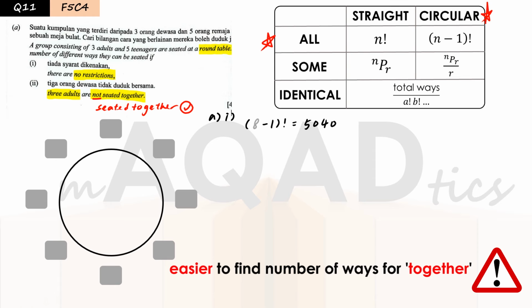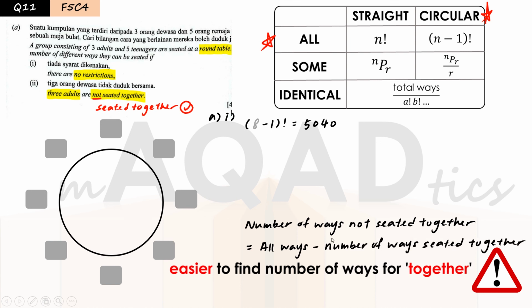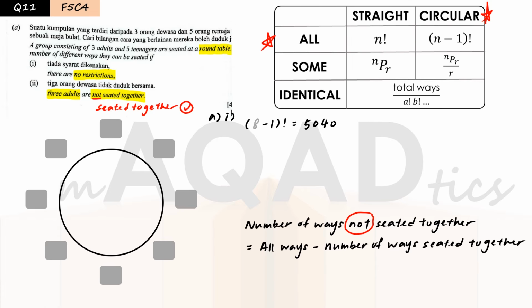So if we want to find the ways of not seated together, why not we find all of the ways that we can arrange these 8 people, and then minus out the ways they are seated together? If we minus out these 2, then we can find out the number of ways they are not seated together. So let's try out this way.